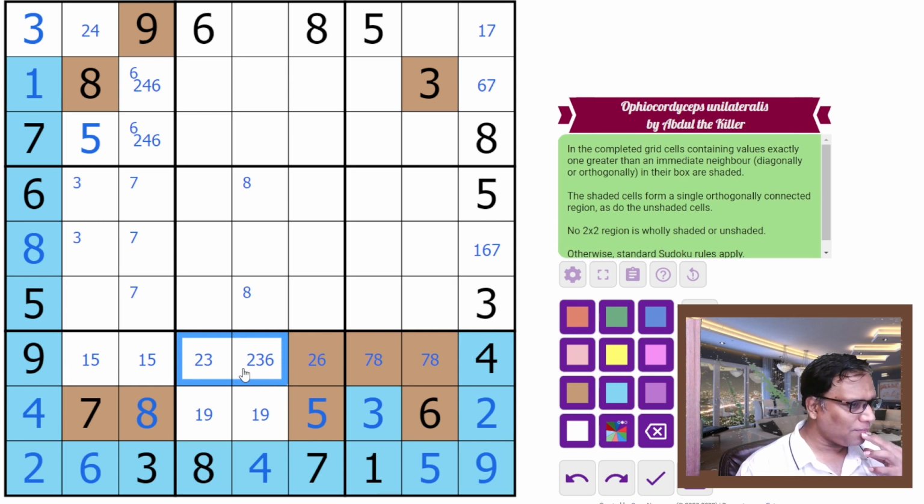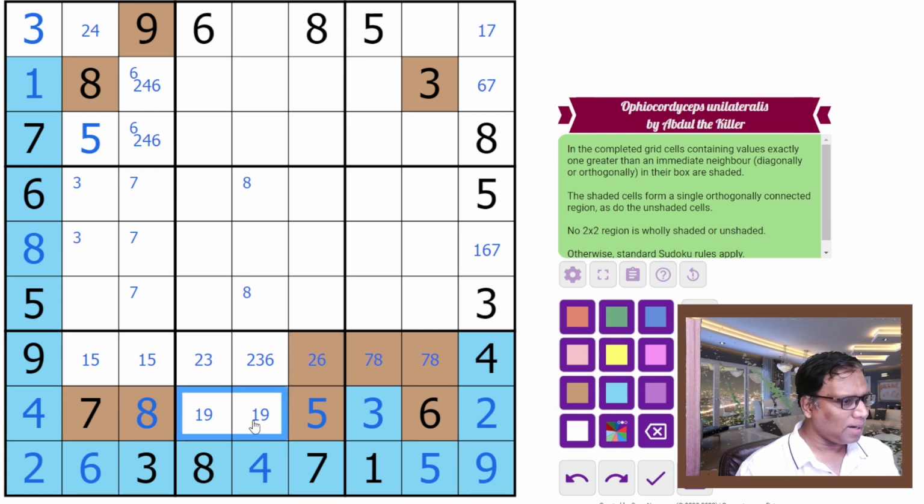I'm just thinking about what I'm doing. This is anyway dark. So if that is 2, we know that 1 will be here, 1 will be light, 9 will be here, 9 will be dark. One of these is going to be dark. Both of these are dark, right? Because 3 is there and 2 is there.